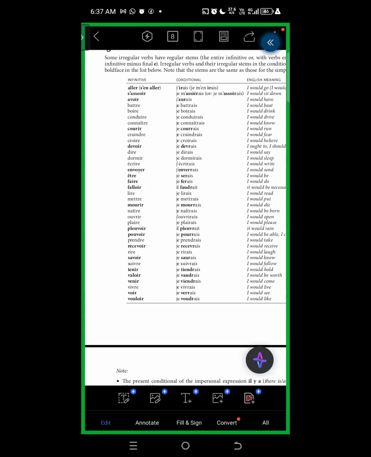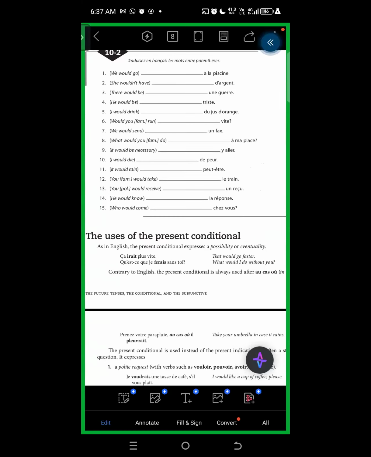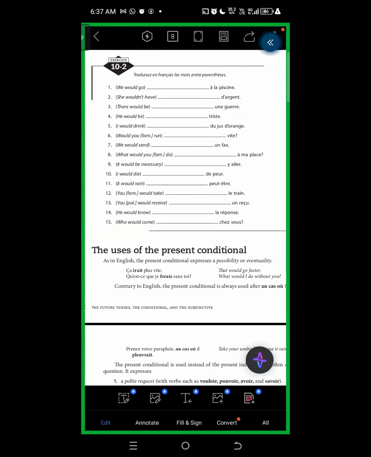The verb courir gives you what there? Tu courrais. I've not mastered all the regulars. So you see, these irregulars are the ones you just got to master.